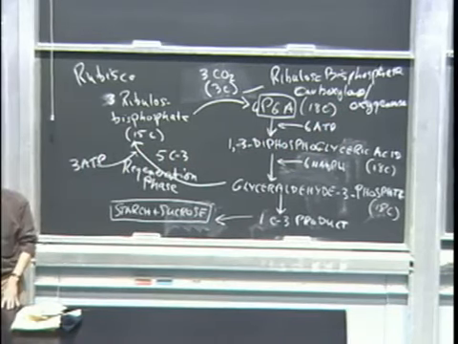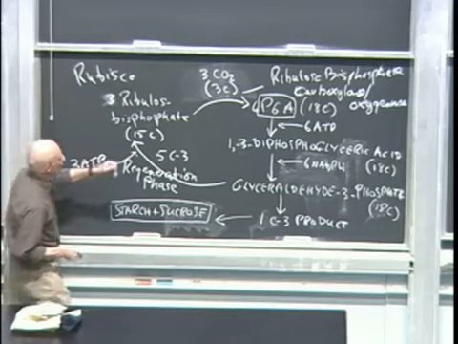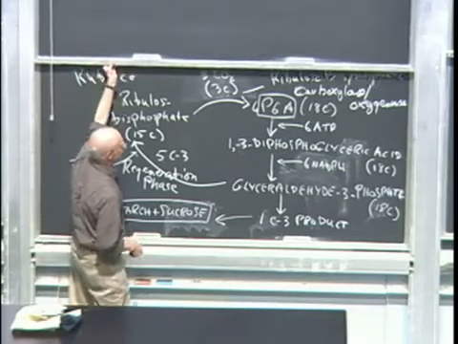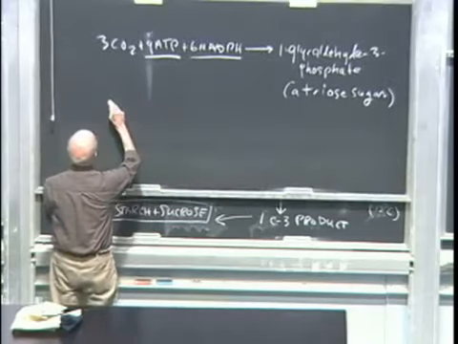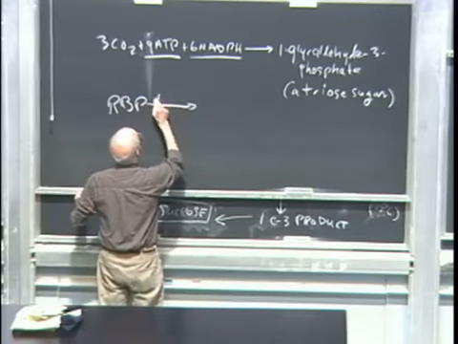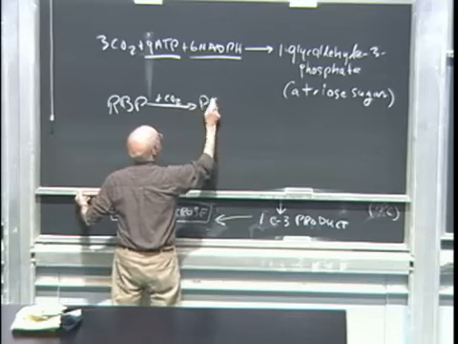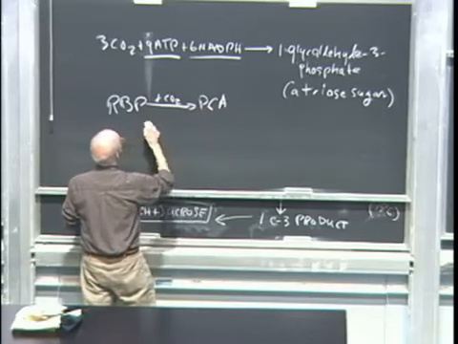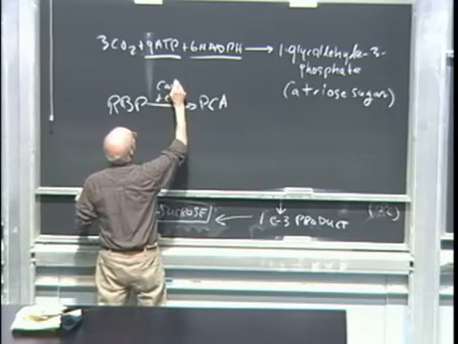Oxygenase because Rubisco not only can react with CO2, so we've got RBP, which plus CO2 gives PGA, and this is the carboxylase activity.